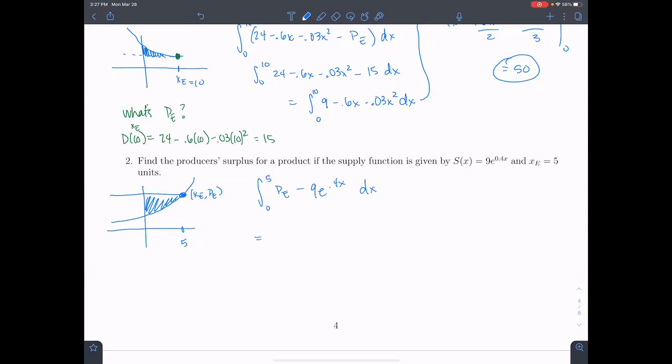Okay, and then when you do this, you get, that's a U substitution there, P sub E times X minus 9e to the 0.4x divided by 0.4. And this is evaluated from 0 to 5.